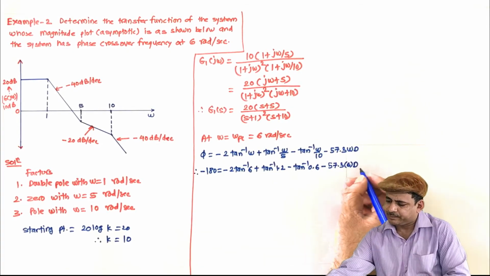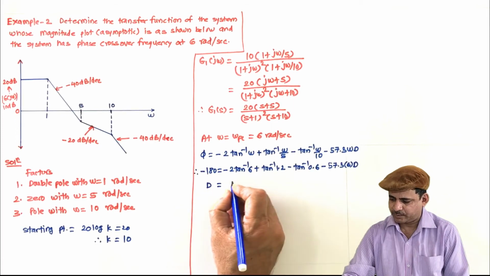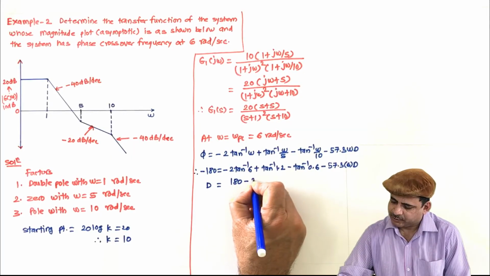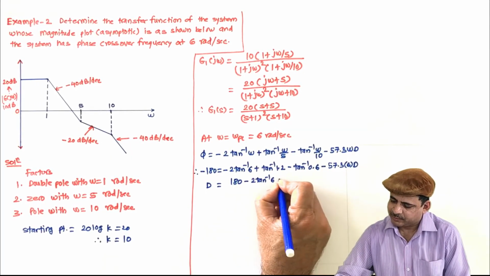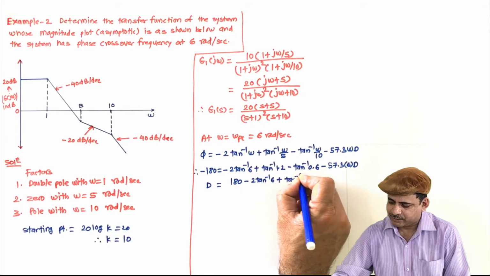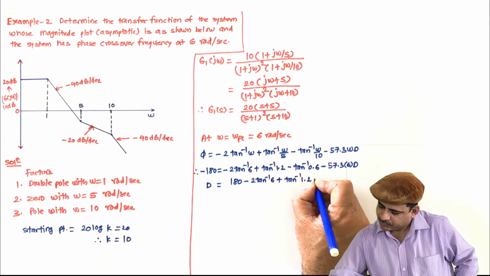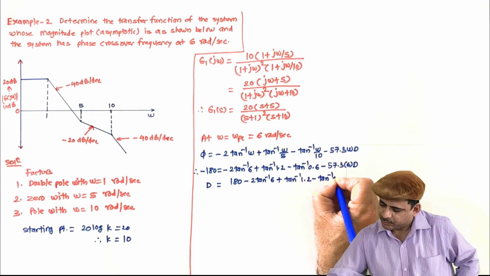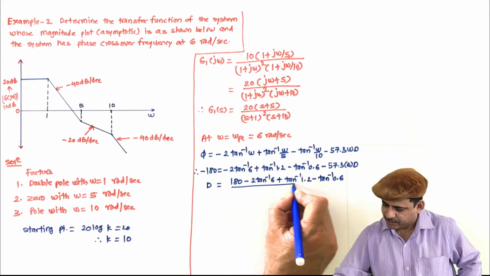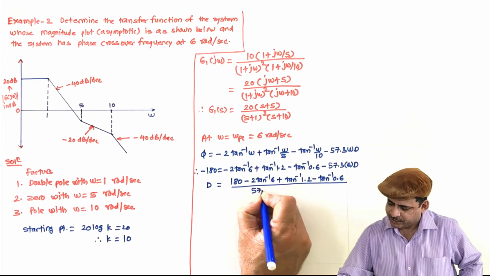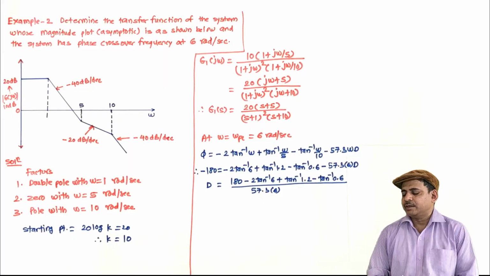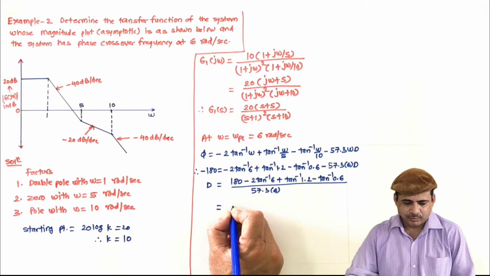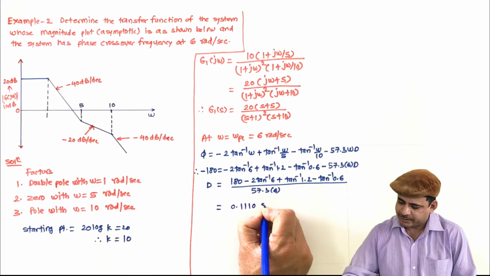And what this gives me is that d will be equal to 180 minus 2 tan inverse 6 plus tan inverse 1.2 minus tan inverse 0.6, divided by 57.3 into 6. After calculating this value we get the dead time as 0.1110 second.